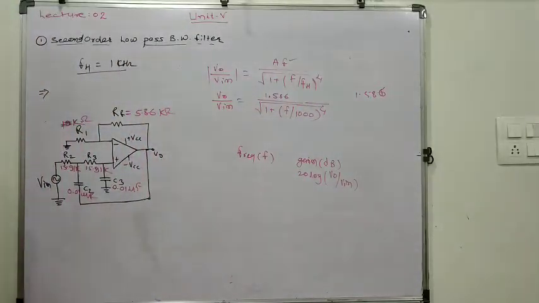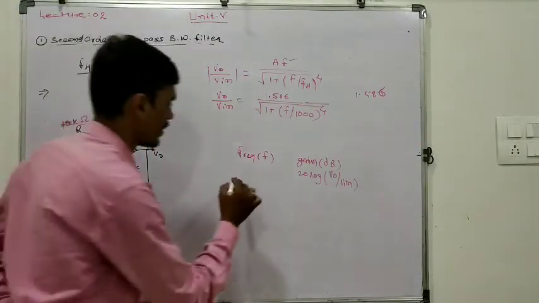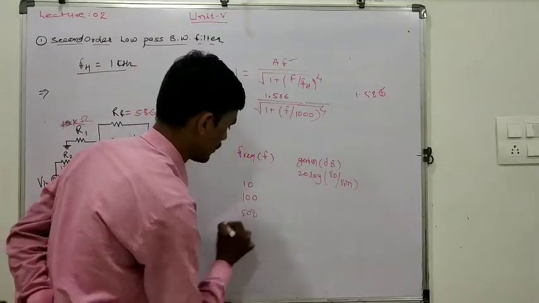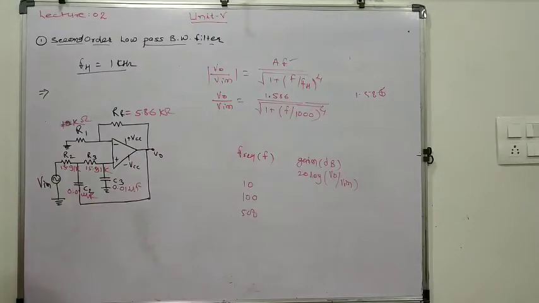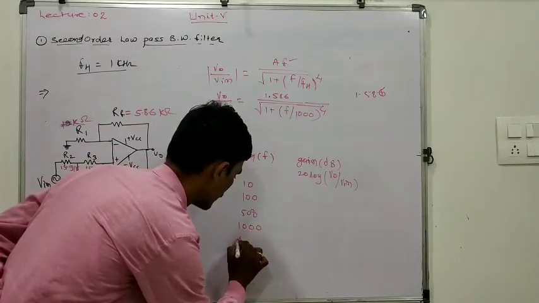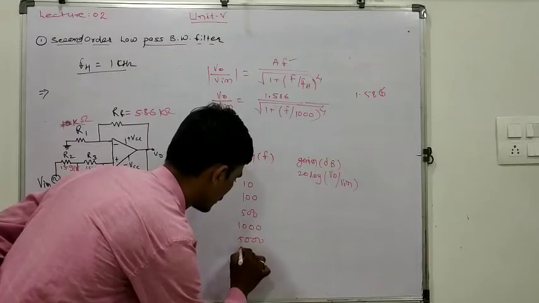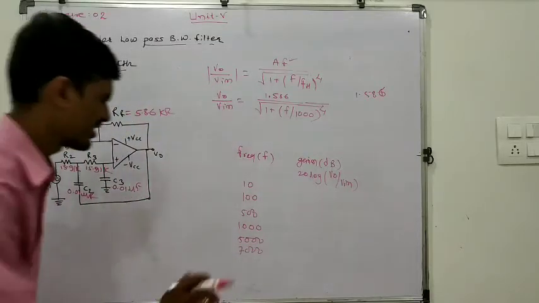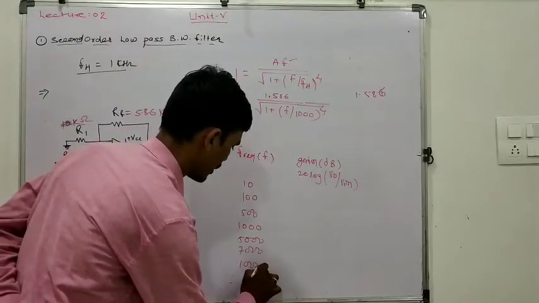And for that, the frequencies are nothing but 10, 100, 500, 1000, 5000, 7000, and we can take 10,000 also. There is no issue.